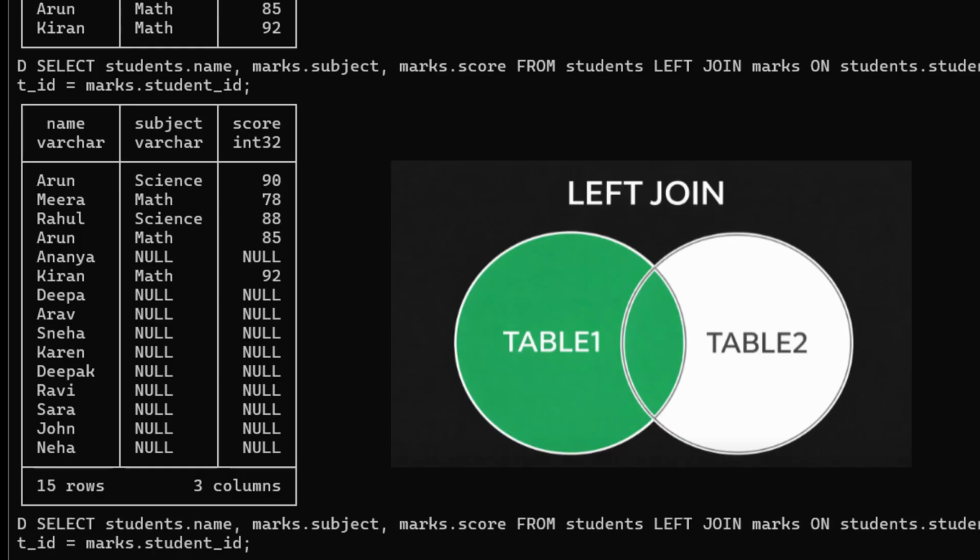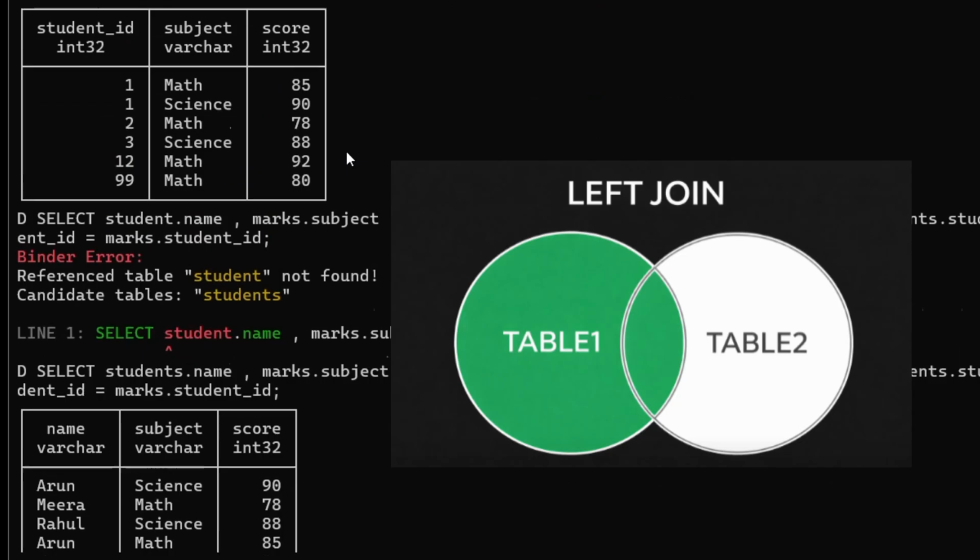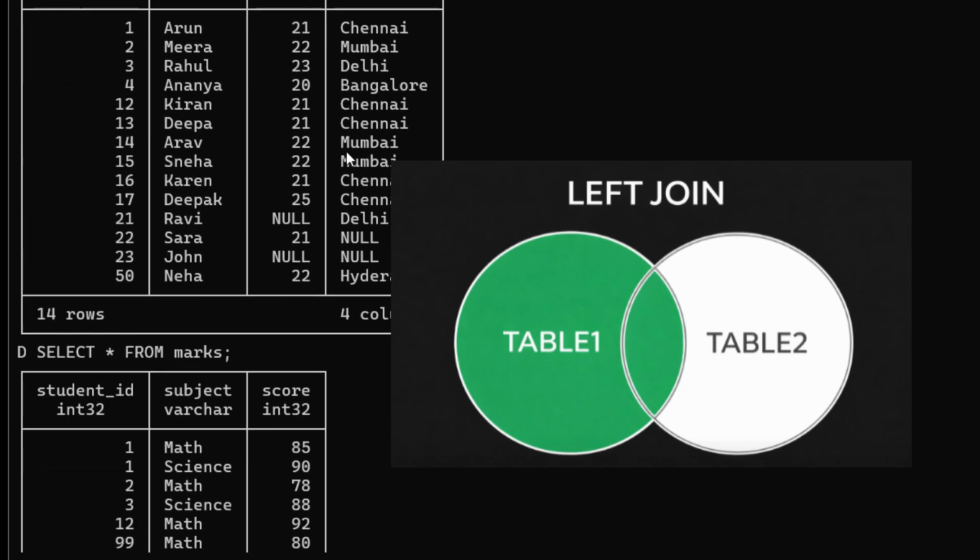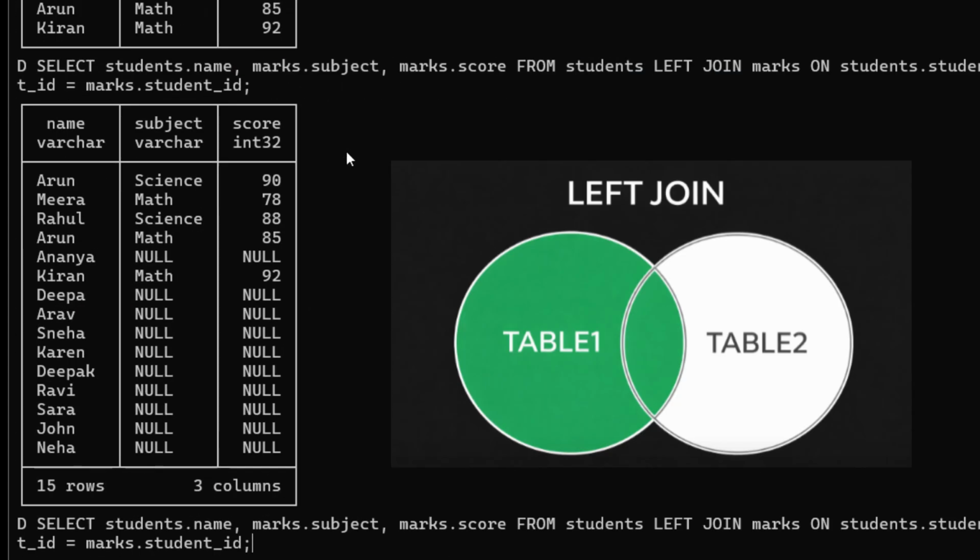Let's just swap the tables. Last time we did marks, subject, score. This time we are adding the marks to the students table. Let's understand the key difference between left join and right join in the next part.